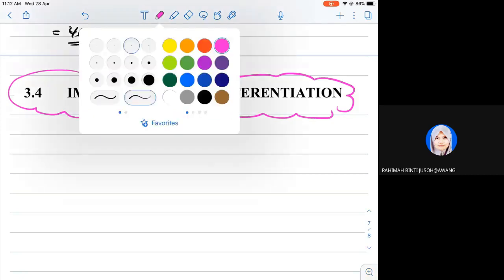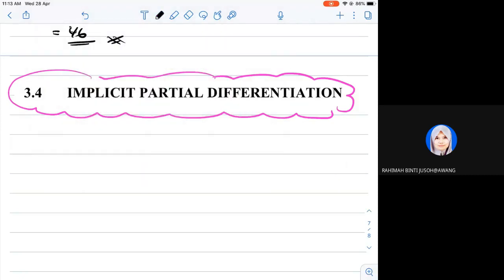Okay, how do we solve implicit partial differentiation ni? Example, given that let's say we have 3x squared y plus 2x e plus 3 lagi, suka sangat nombor 3.